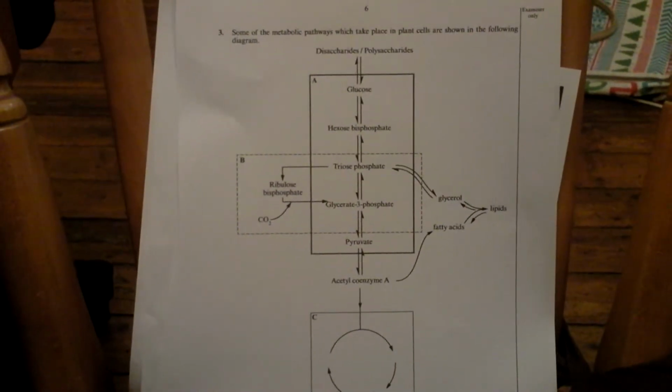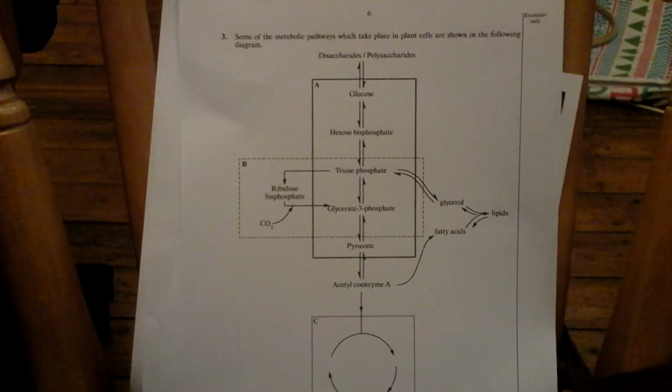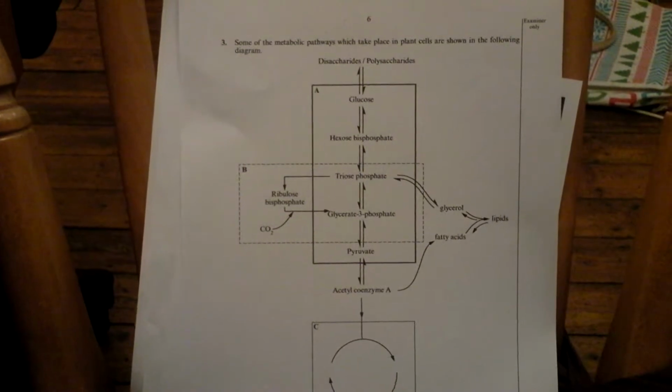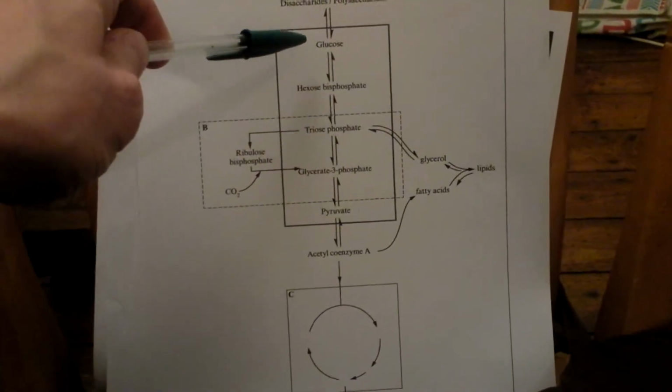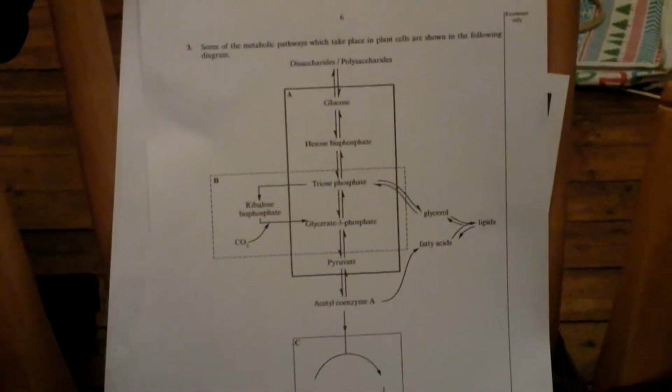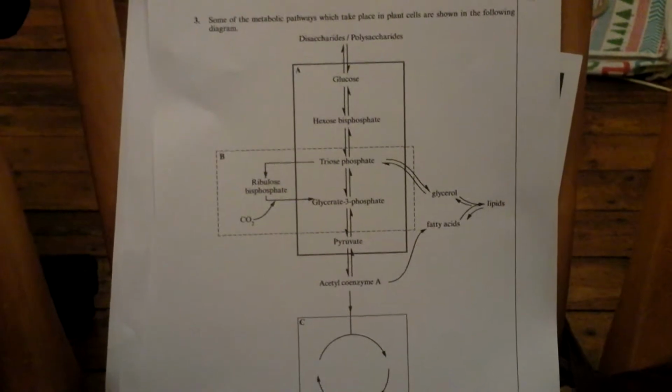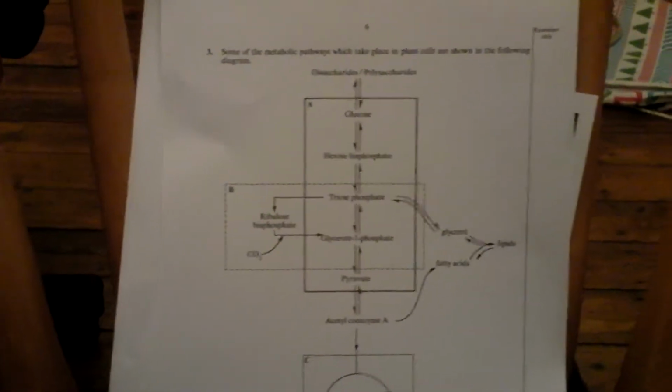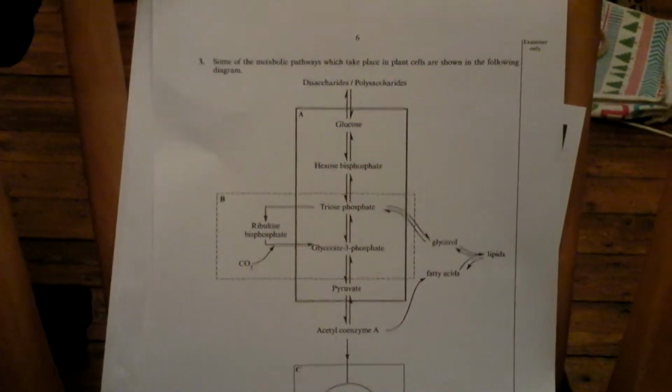Well, look for things that you recognise from the notes. So we've got a pathway here that starts off with glucose and ends with pyruvate. You only know one pathway that starts off with glucose and ends up with pyruvate. So treat that on its own and hopefully you can identify A.